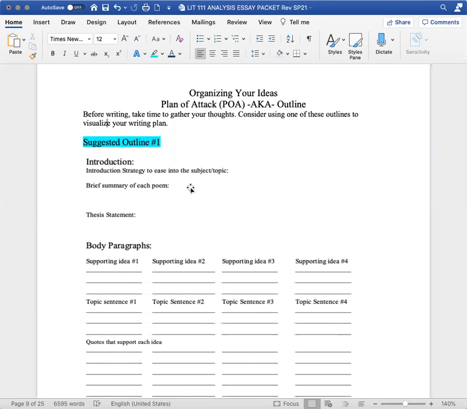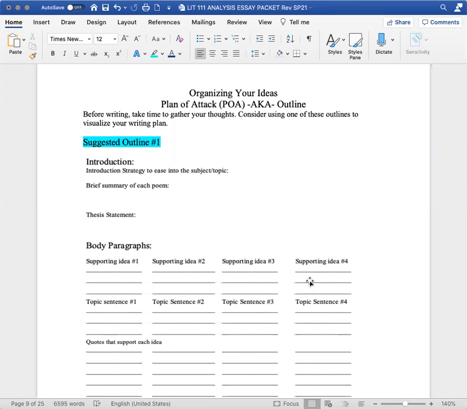And all of a sudden we have 10 sentences that are generic, general, and have nothing to do with the poems, right? Maybe 1 or 2 sentences of that is okay if it works, but your best bet is to introduce that theme, get right to a summary of the 2 poems, and then hit us with that thesis statement. Answer that prompt question.